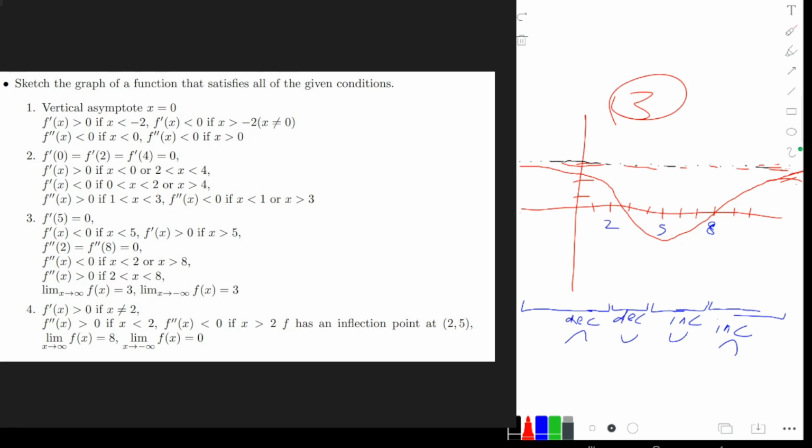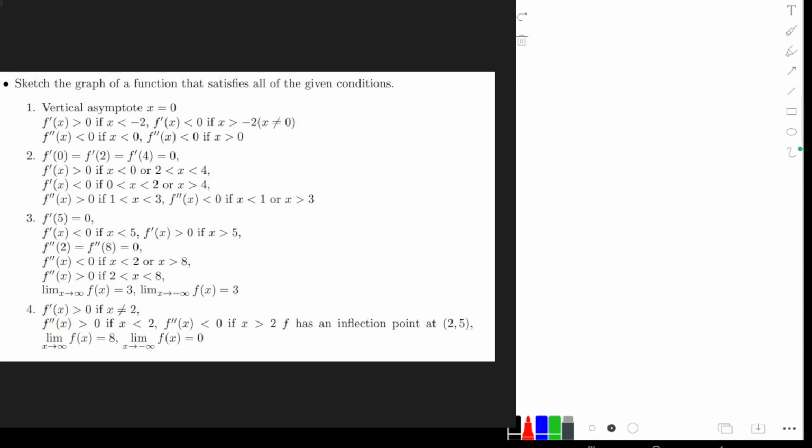If you're in my 3 o'clock class, you've seen an answer for the next one, but let's take a look at the next one. All right. So the derivative is positive for x greater than 0, and the second derivative is positive for x less than 2, but it's negative for x greater than 2.